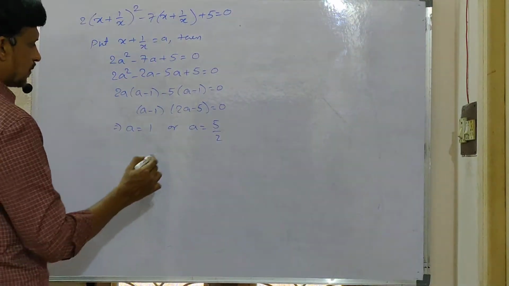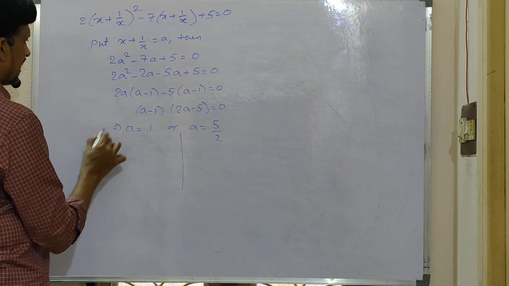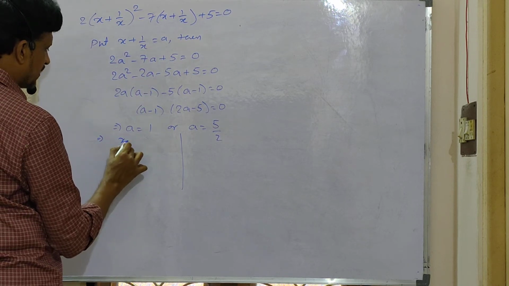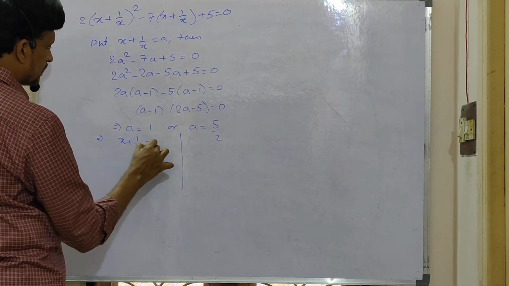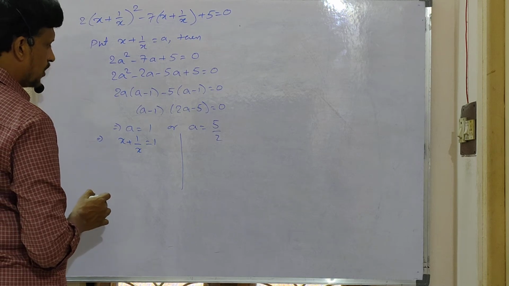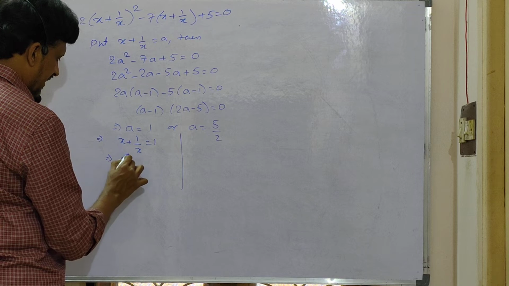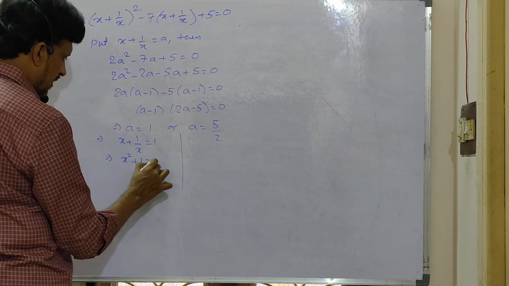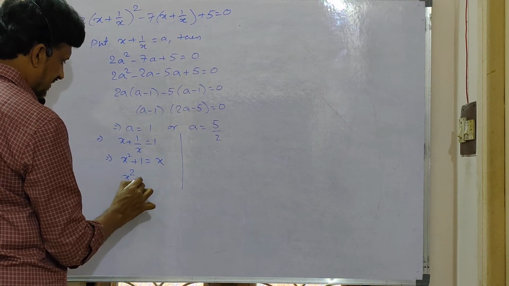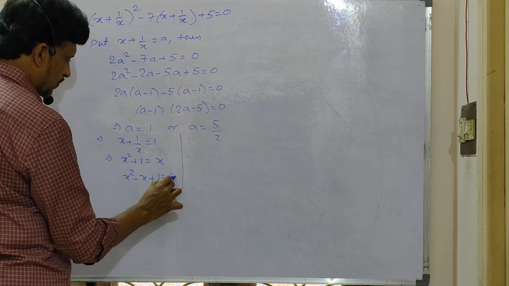Now if a is equal to 1, means in the first case, x plus 1 by x is equal to 1. So just take LCM and cross multiplication. x square minus x plus 1 is 0.